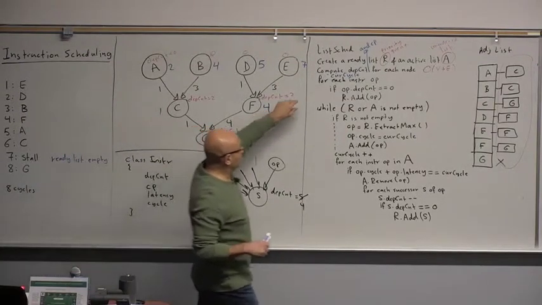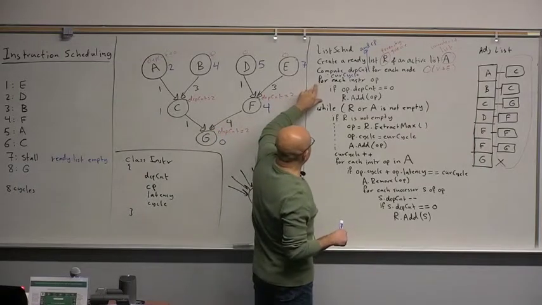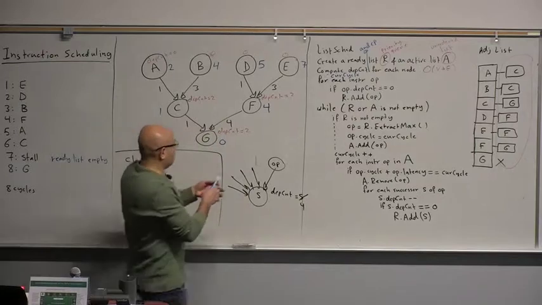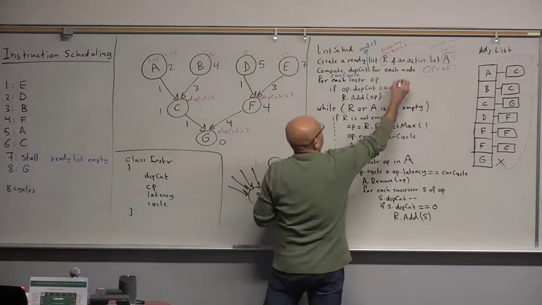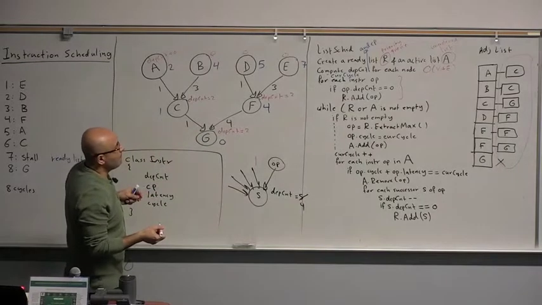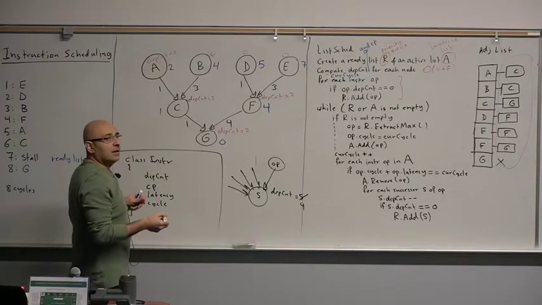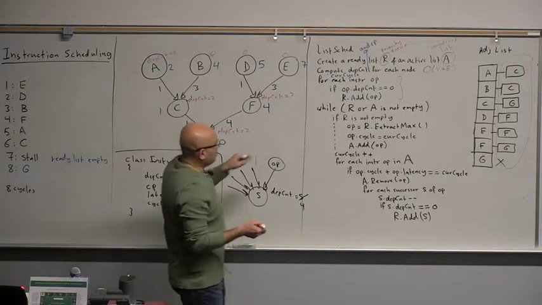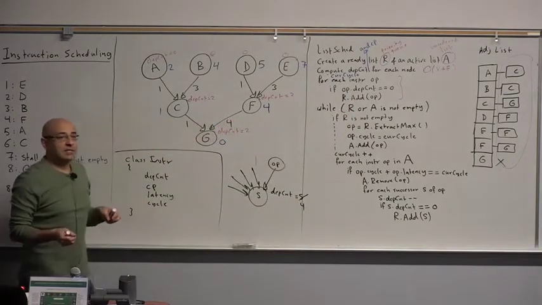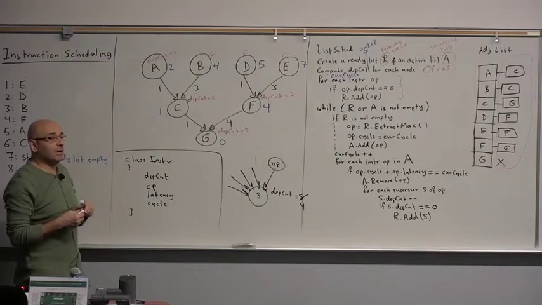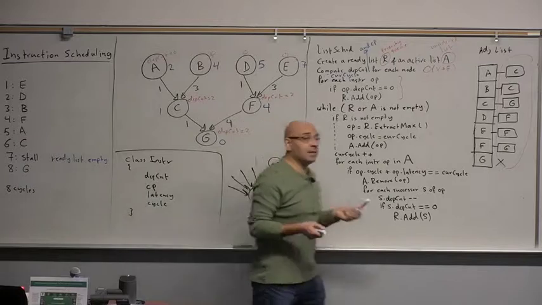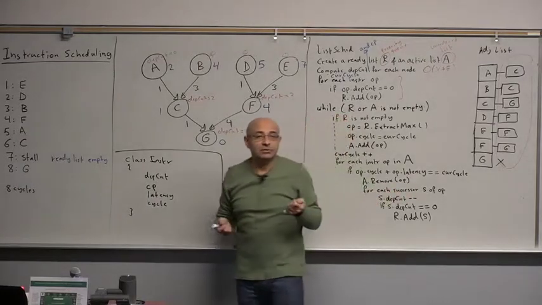Now, for each instruction up, what will be the asymptotic complexity for this loop? It'd be V, but adding to the priority list depends on the implementation of the priority queue. What's a typical implementation of a priority queue?